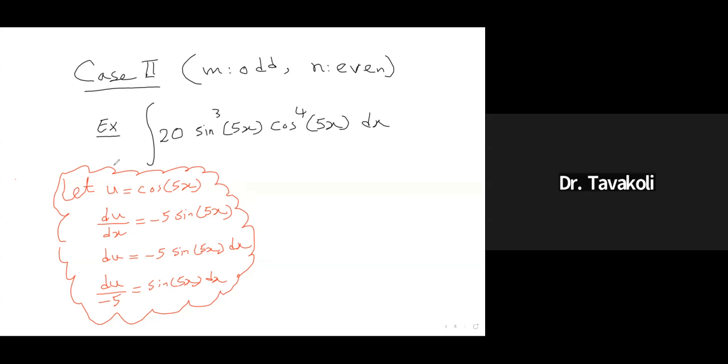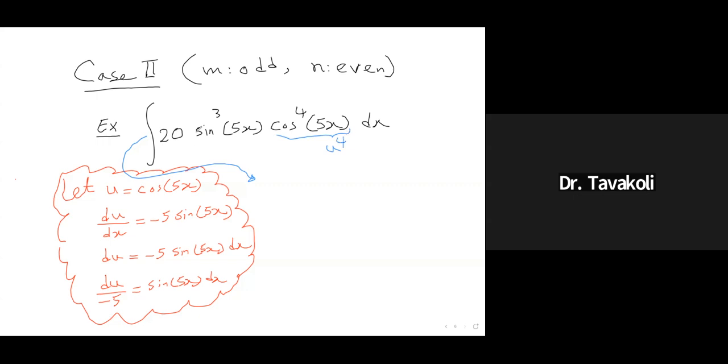Now let's see what we are going to do here. u is cosine of 5x and du over -5 is sine of 5x dx. So this is in fact u to the 4.